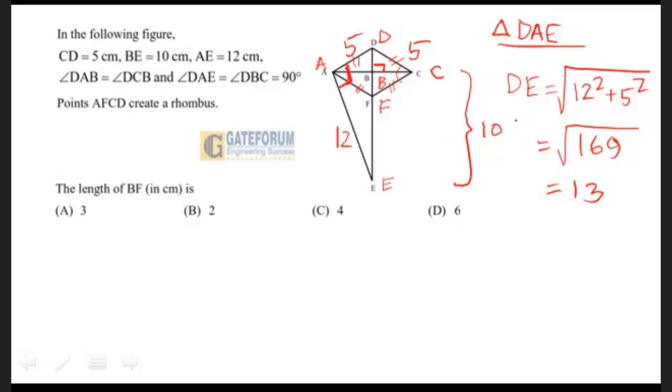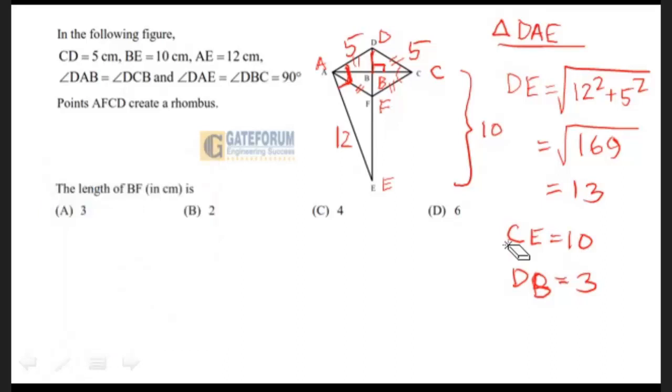But it has been said that CE is equal to 10. Sorry, not CE is 10, BE is 10.